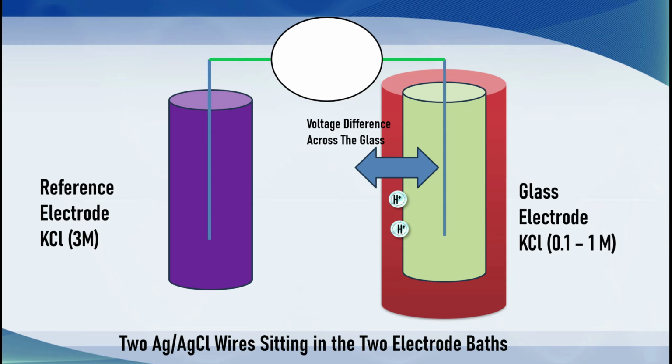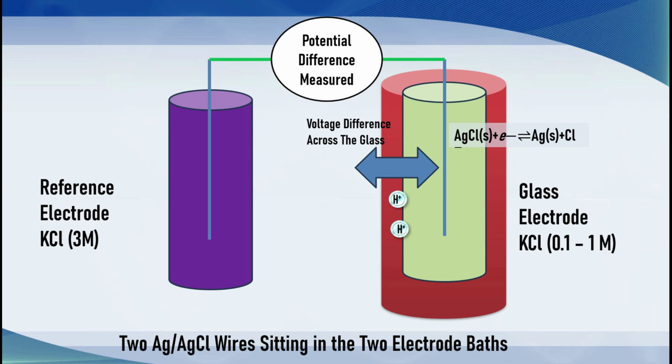That voltage difference across the internal buffer solution causes electron transfer to the silver chloride wire, releasing a minuscule amount of chloride, resulting in a small change in the potential measured as potential difference by the potentiometer. And that is proportional to the hydrogen ion activity.